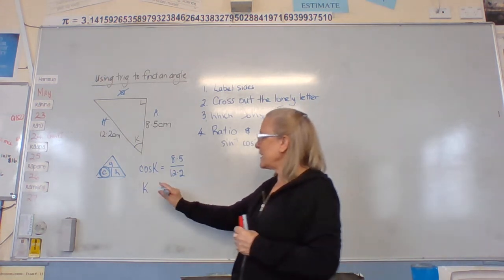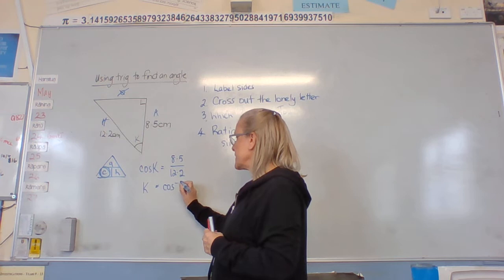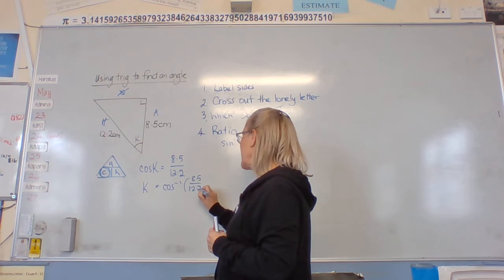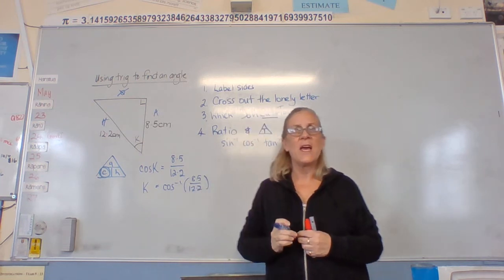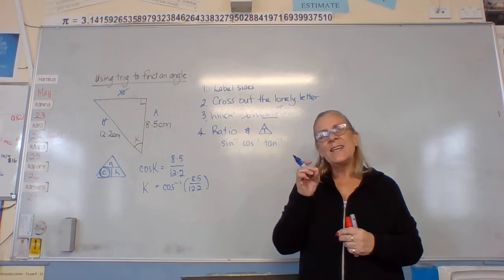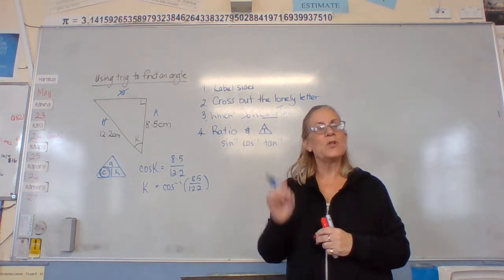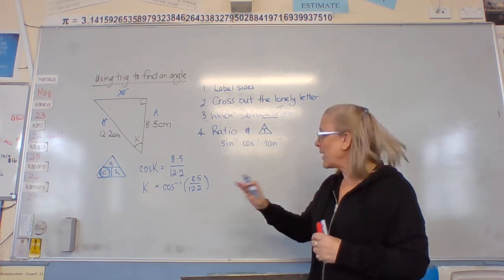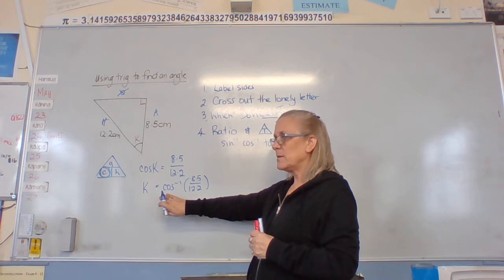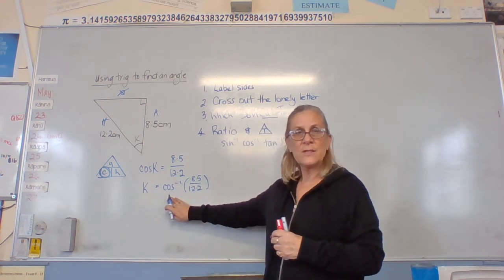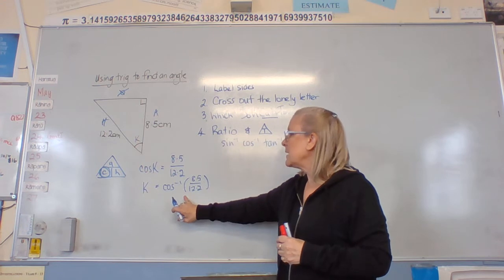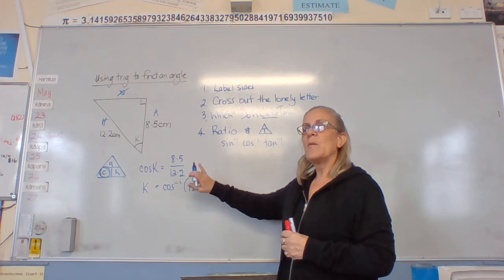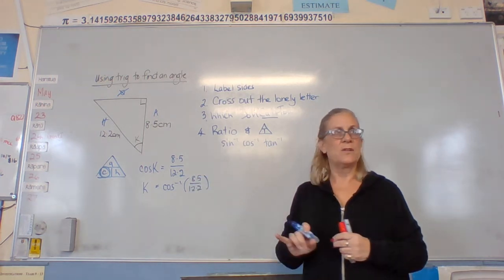So what we're going to write here is cos minus 1 bracket 8.5 divided by 12.2, and this time we have to use the brackets. Now to get that cos minus 1, we have to push the second function button up the top so that we get the things that are written above it. So away you go, second function cos, bracket 8.5 divided by 12.2 bracket equals.